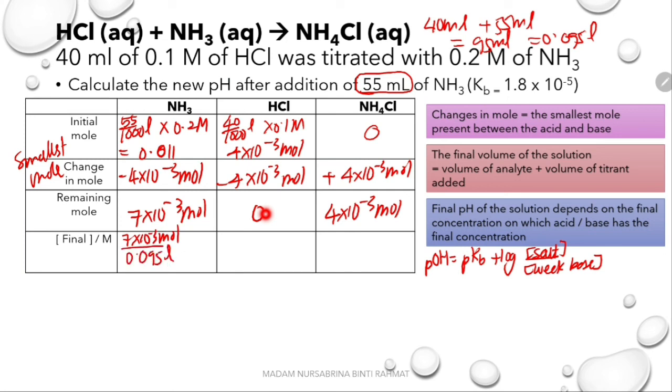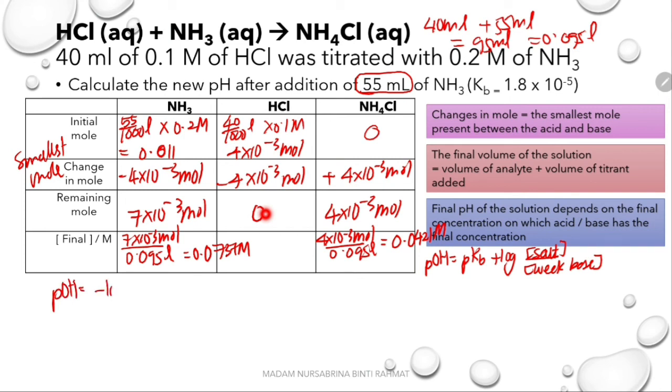The final concentration for ammonia is 0.0737 molar, and for my NH4Cl is 0.0421 molar. Then you can substitute the values into your Henderson-Hasselbalch equation.